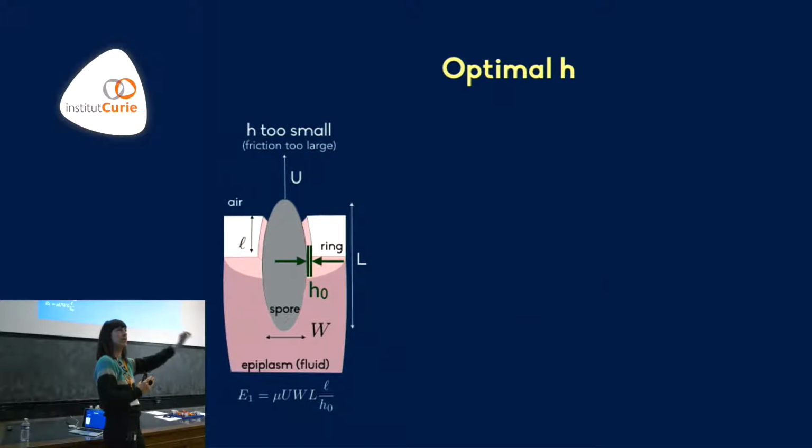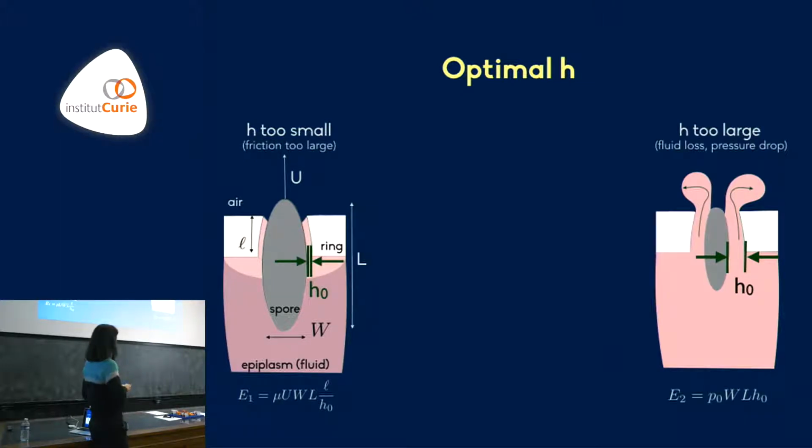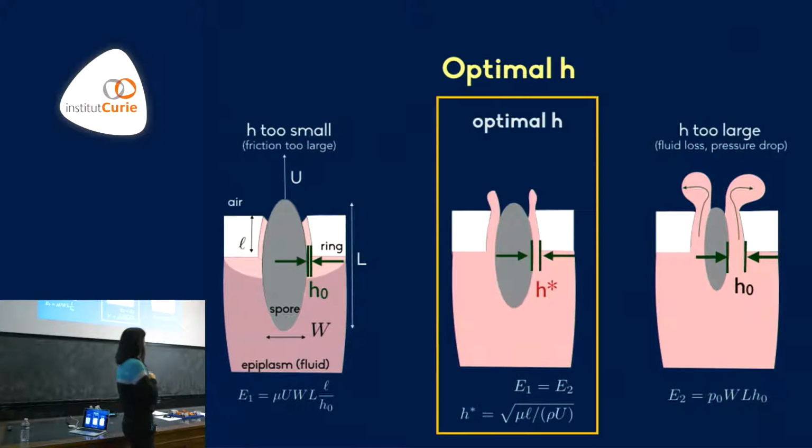Making it tend to zero is not good. On the other hand, if this is huge, you have a lot of fluid that comes out with it. Fluid has been observed to come out, drops of fluid come out with the spore, actually. If this happens during ejection, that's not good because the fluid is what keeps the cell under pressure. So you lose pressure head. So there is an optimum which is in between.